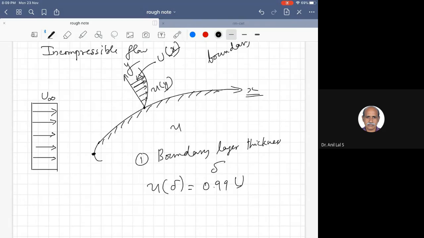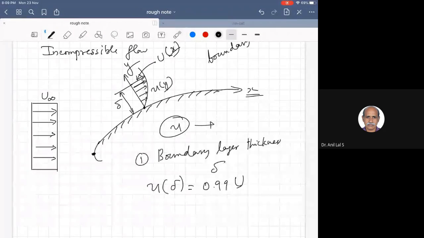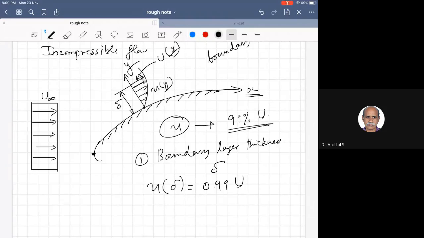Delta is the distance normal to the body surface where the fluid velocity u approaches 99% of capital U. That is considered as the boundary layer thickness delta. So that is how the boundary layer thickness is defined.